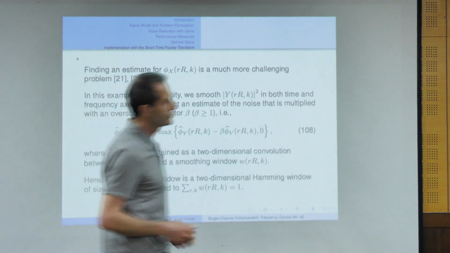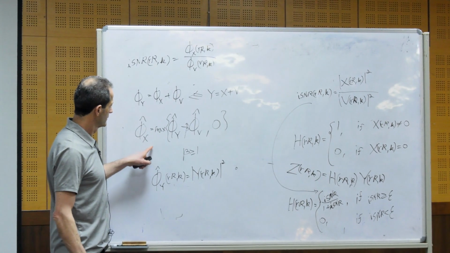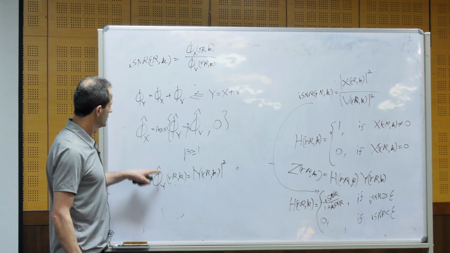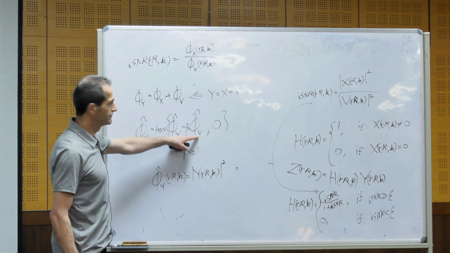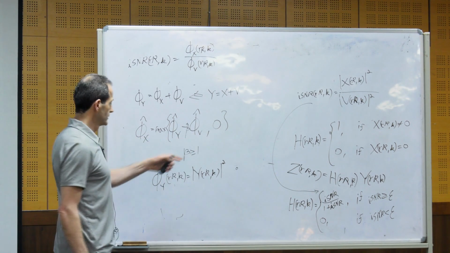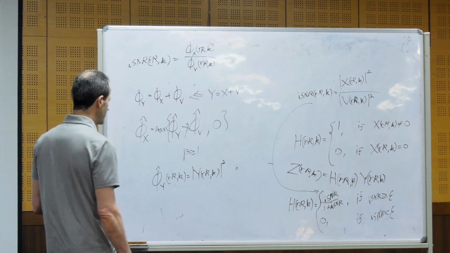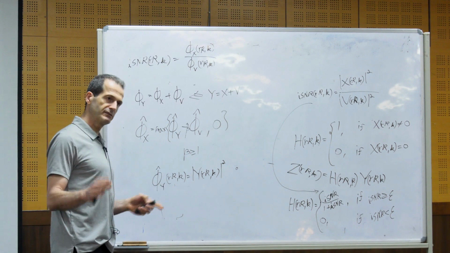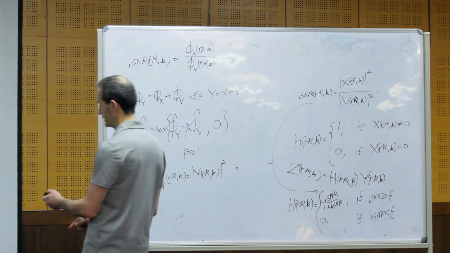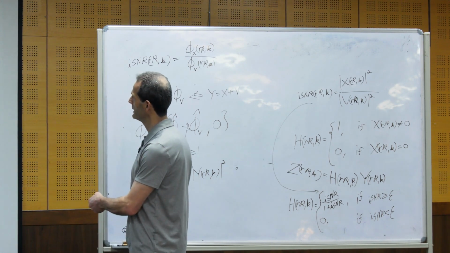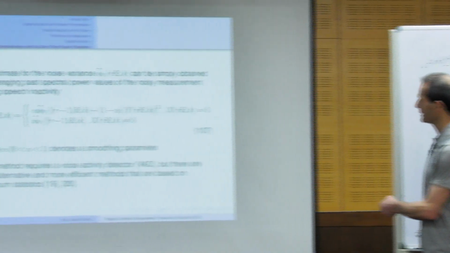How do I estimate what? Which one? This? V? So this is what I said, that suppose that I have a voice activity detector here. You see? So suppose that I know when X is present and when it's not present.